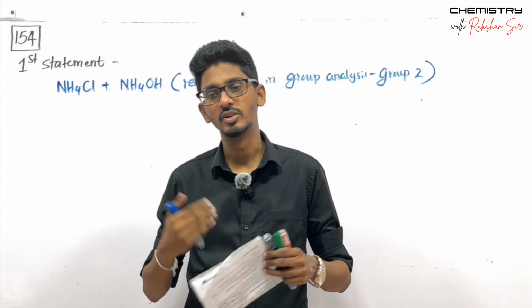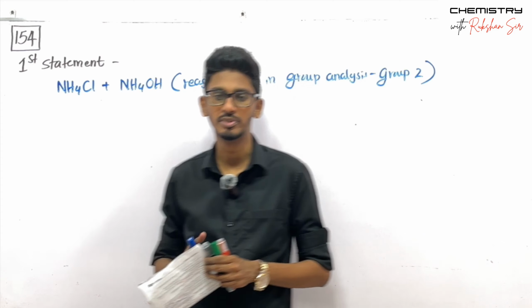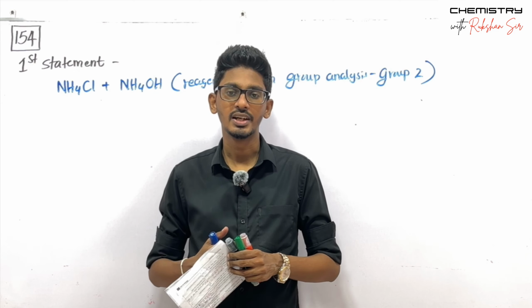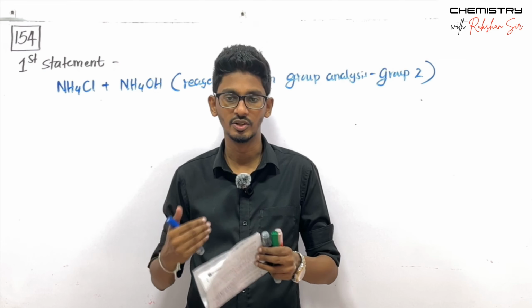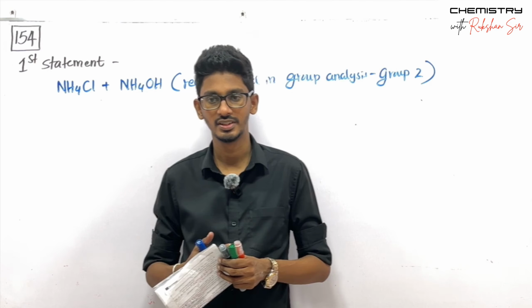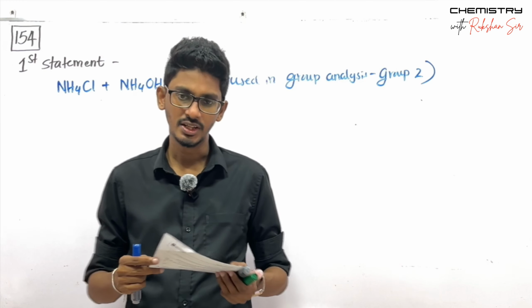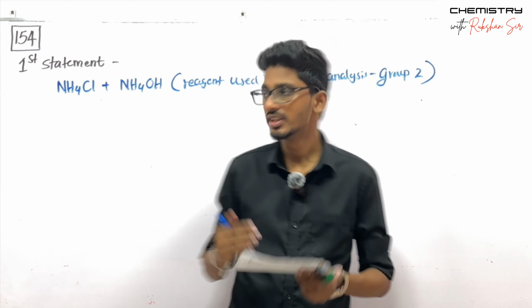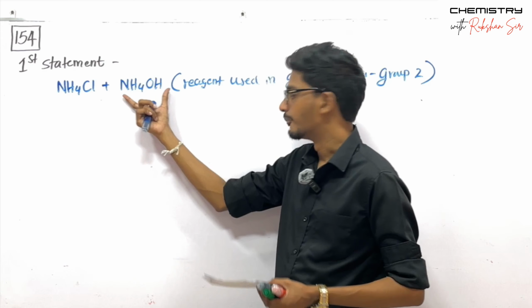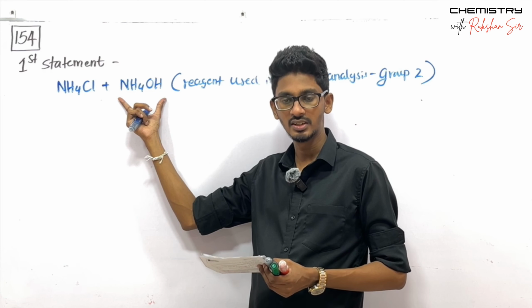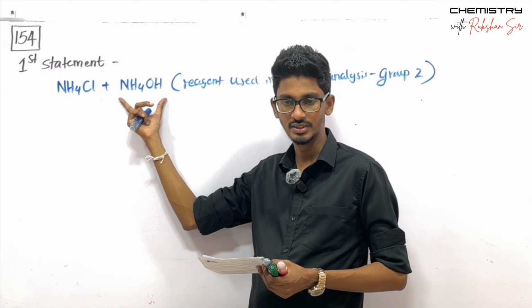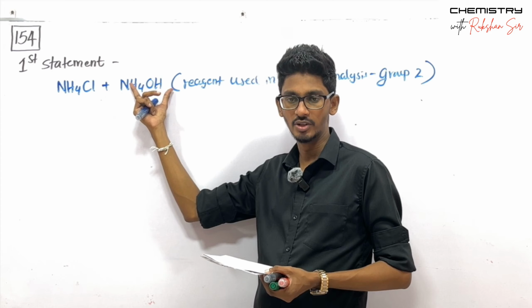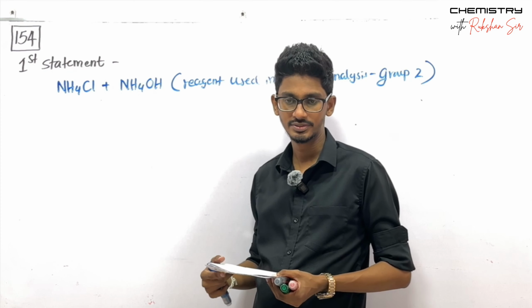We can precipitate only those, not the high KSP hydroxides like magnesium hydroxide and the 2+ hydroxides. That is the theory there. So basically, magnesium hydroxide can't be precipitated with this reagent. If you add only ammonium hydroxide, it can precipitate magnesium hydroxide and even the 2+ hydroxides, but not ammonium hydroxide with ammonium chloride.